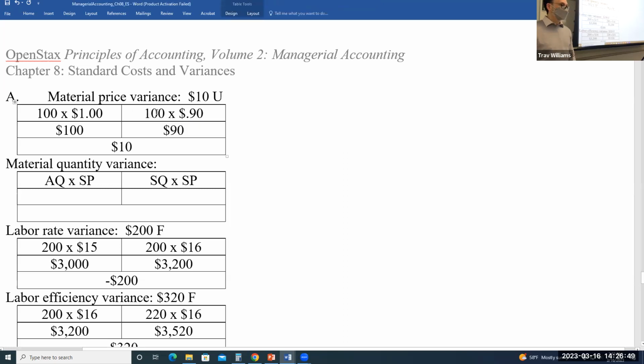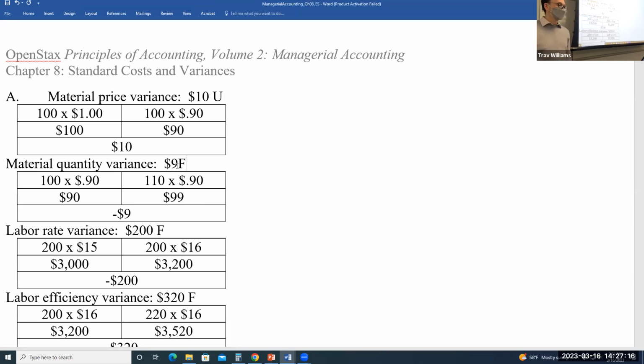And again, you can copy the right side of the first formula down to the left side of the second formula. Standard quantity was 110 units, right? Sure, that's right. Which would be $99. Subtract, and we get negative $9. And so we're $9 favorable.